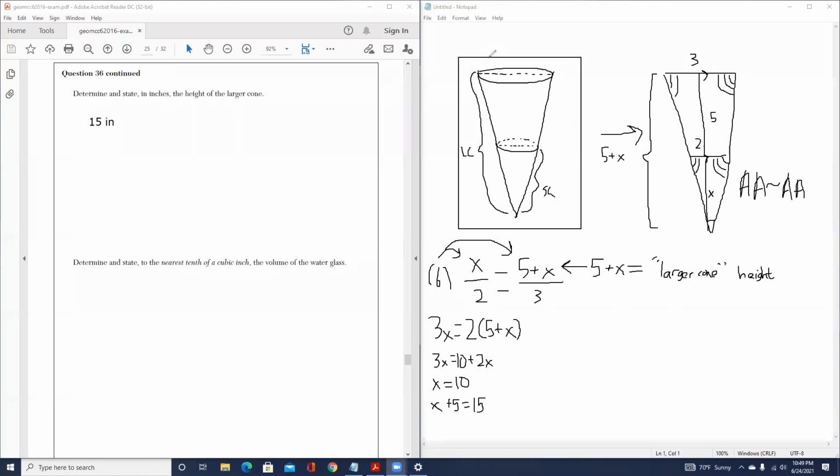I'll call it LC. The volume of the cone is equal to 1/3 times pi times r squared times height.